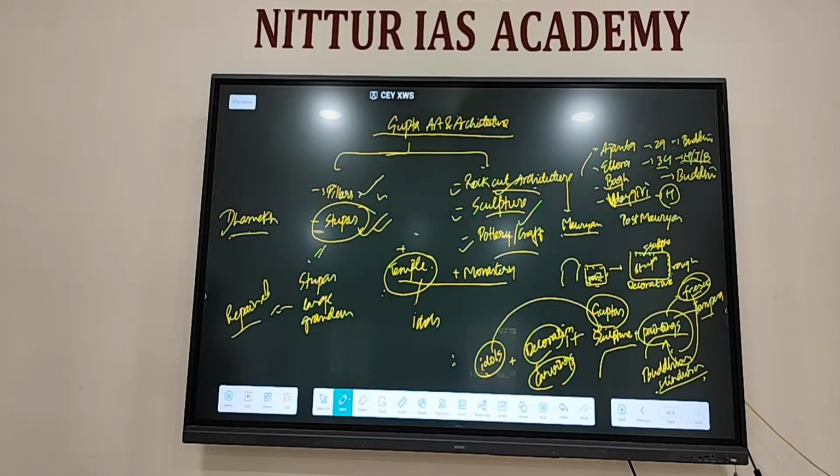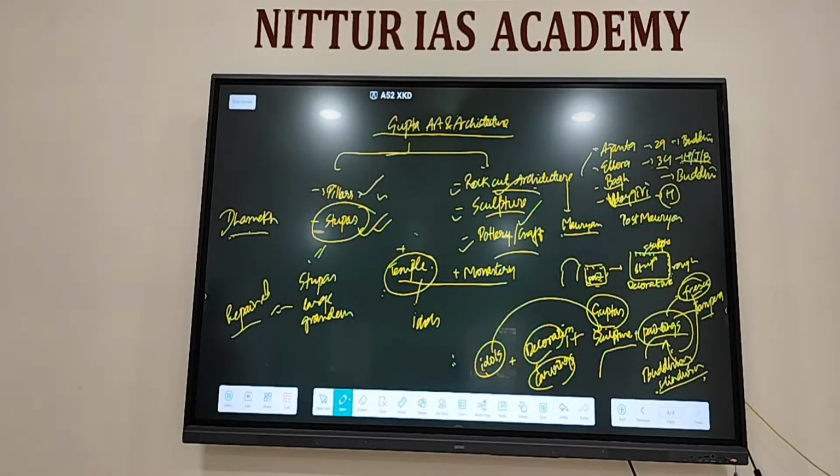The 5 caves are Chaityas and the rest are Viharas. Not all Mahayana caves are Viharas.